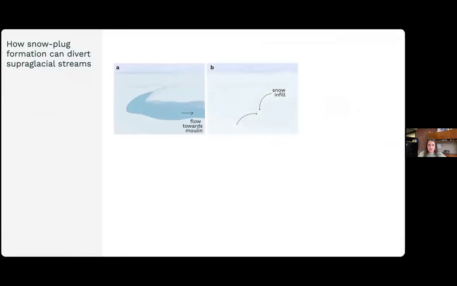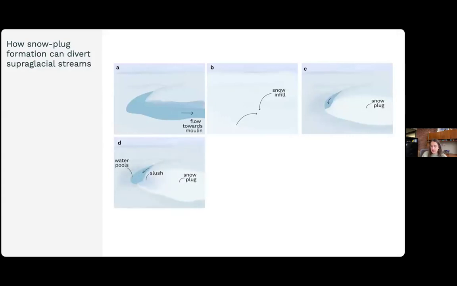I interpret these observations as the snow plug diverting stream flow. So we have over-winter snow infill, and a snow plug that has formed when it's trying to be reactivated. If water can't melt through the snow plug fast enough, it will instead collect in whatever surface depression is there at the intersection.